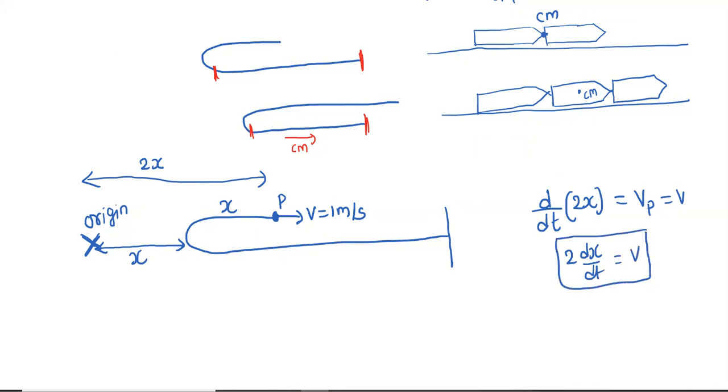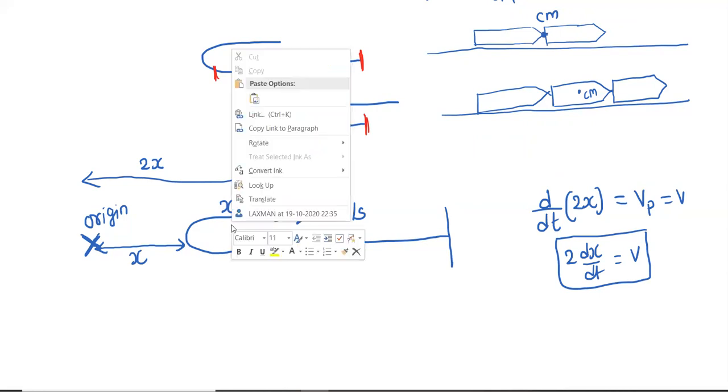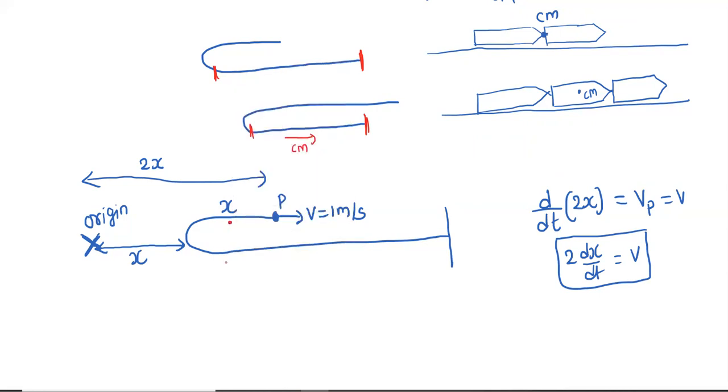Now here the center of mass is a point which is in the middle of the part which is moving. Somewhere here we have the center of mass, which is at a distance of x plus x by 2. Why x by 2? Because the center of mass of this moving part will be at a distance of x by 2, and the total distance from the origin is 3x by 2. So velocity of center of mass is d by dt of 3x by 2.